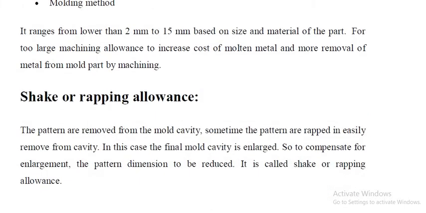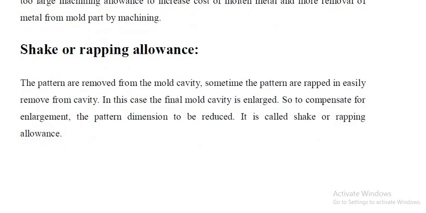Then shake or rapping allowance. When the patterns are removed from the mold cavity, sometimes they are rapped inside the mold cavity, which increases the mold cavity size. That means some part of the mold cavity is rapped by the pattern.